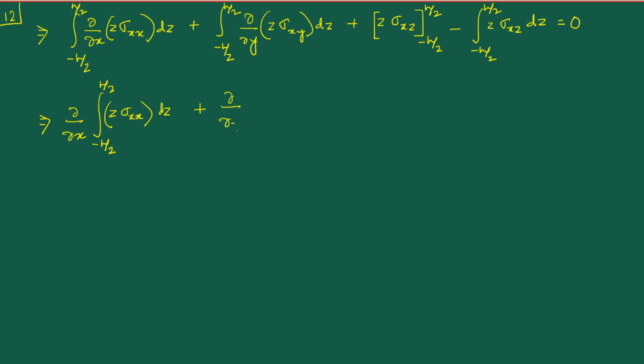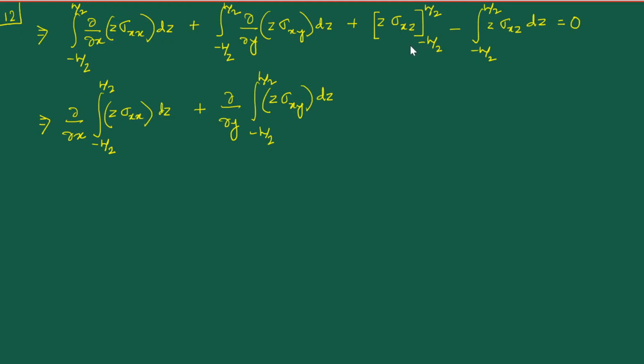Similarly, we take this thing out of the integration. Now this particular term, this sigma xz at h by 2 and sigma xz at minus h by 2, they are actually 0.